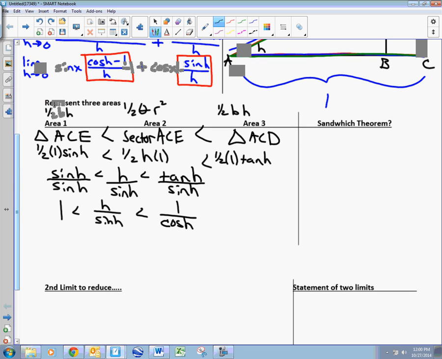I need to come up with a 1, don't I? Because we know that this limit is going to be 1. Second of all, I need a sine of h over h. I almost have that, don't I? All I have to do is take the reciprocal of everything, right? What happens to the signs when you take reciprocals? They flip.